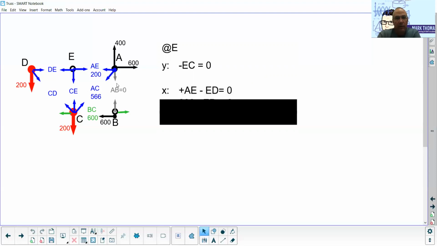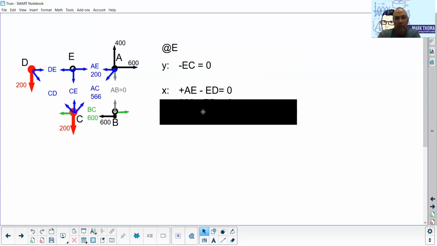In the X direction, I have AE, which at E, AE is going to the right. Okay, so that's actually going to be positive. Earlier we said at A, AE was pulling to the left. Okay, so I'm actually looking at this joint. AE is pointing to the right. ED is pointing to the left, and so I have AE minus ED equals 0.